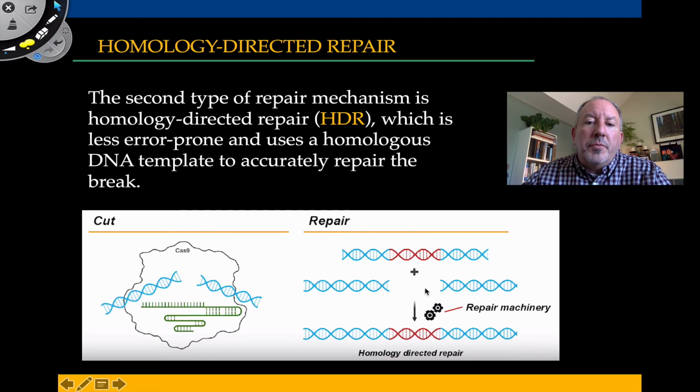And so when the cell is repairing, it will use these homology arms, if you will, to integrate this template DNA into the genome, and it will therefore replace the break with our own new sequence. So a really cool way of editing and introducing a sequence that we care about.